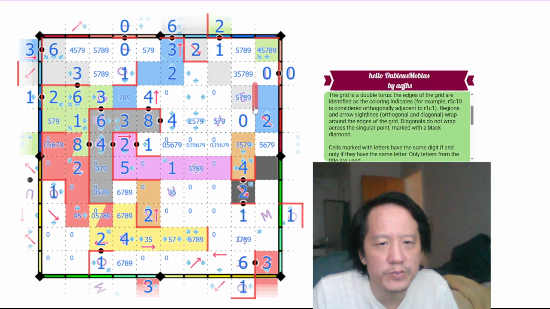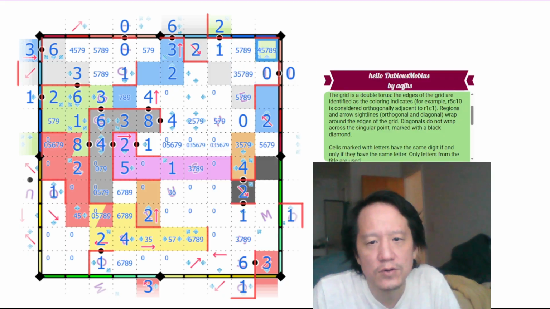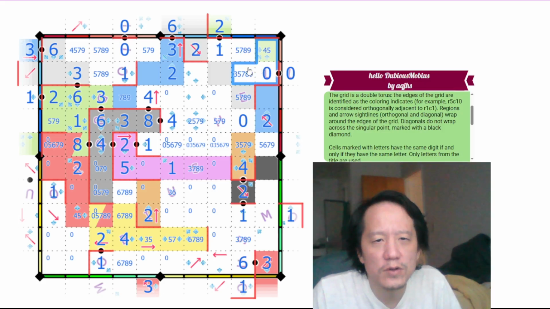We know this is a boundary, so this must be a boundary here. Therefore, for green, it's 4 or 5 here. So it could be 4 this way. It could be 4 this way. So this is always guaranteed to be green. This is guaranteed to be green.